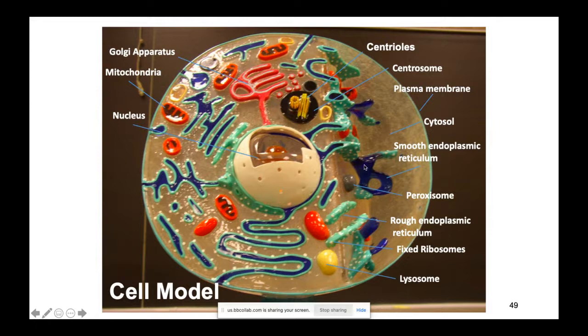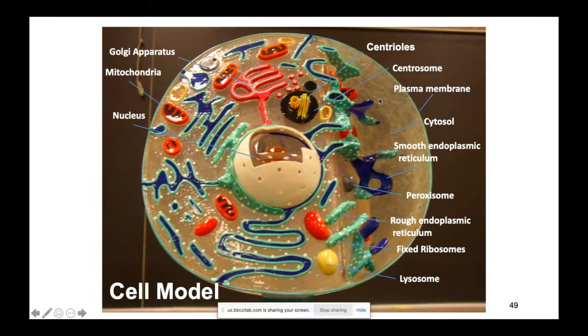Where we don't see the ribosomes fixed to the endoplasmic reticulum, it's called a smooth ER, or the smooth endoplasmic reticulum. Since the structures are different and they look different, they function different. The smooth endoplasmic reticulum and the rough endoplasmic reticulum are very different in function.